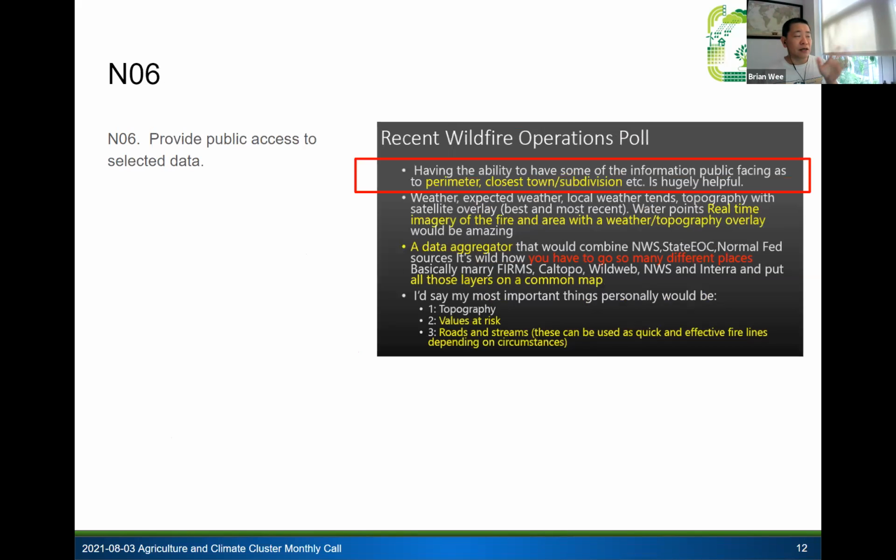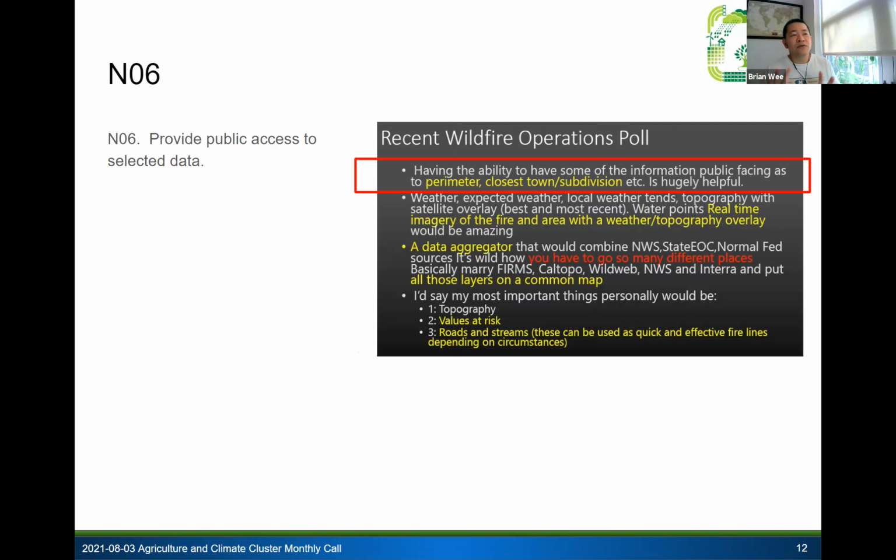So the last need, very quickly: Dave Zader had said one of the needs that he thinks is good to have is the ability to show and share some of this information with the public, to have some of the information public facing. That's what I'm interpreting Dave Zader to have said.